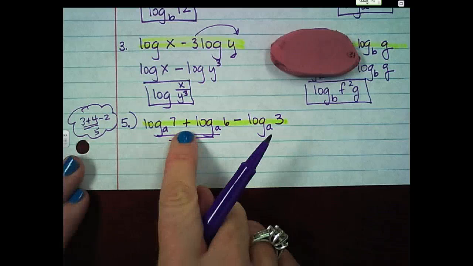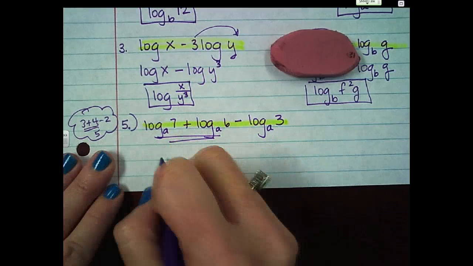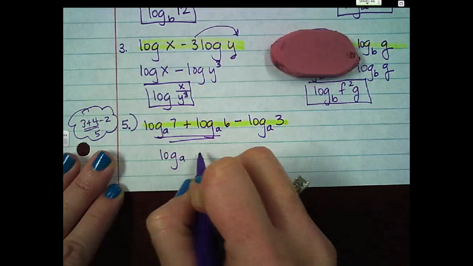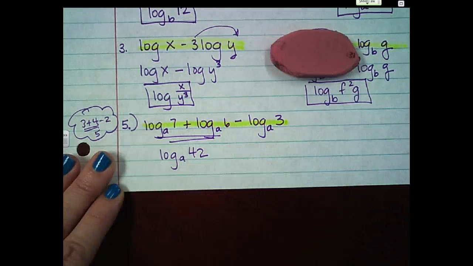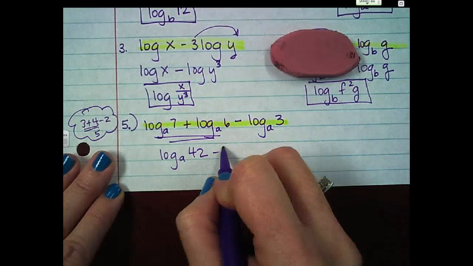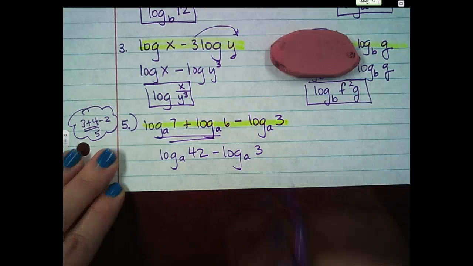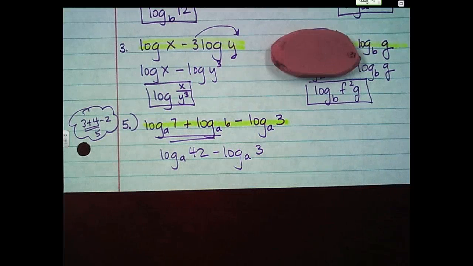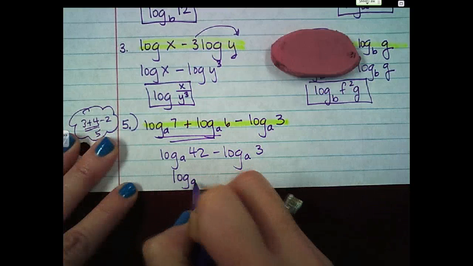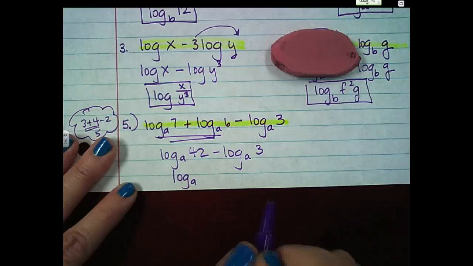So since this is plus, this becomes log base a of 42. 6 times 7 is 42. Minus, now you have log base a of 3. Now what are you going to do with the 42 and the 3? You're going to divide them. So 42 divided by 3 is 14.